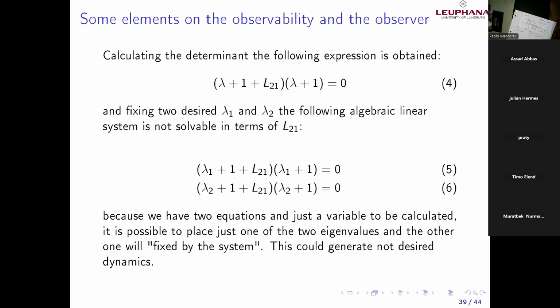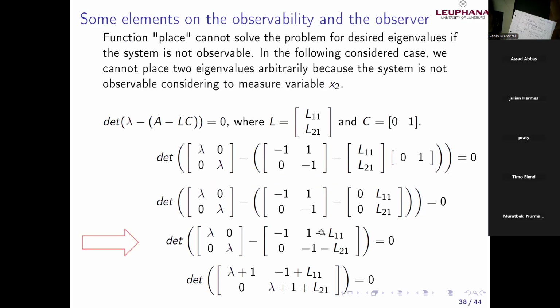But do you remember the concept of detectability? If the system is detectable, this means that the unobservable part is asymptotically stable. Now, here the system is asymptotically stable.